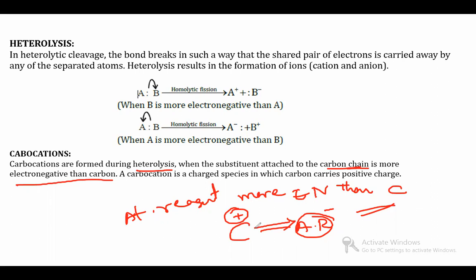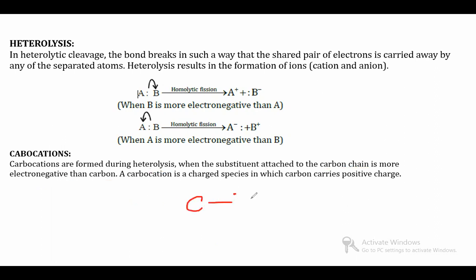Okay, what is a carbocation? A carbocation is a charged species in which carbon carries a positive charge. Why does carbon carry a positive charge? Because the attacking reagent, or the substance attached, can drag the electrons. For example, if the carbon has a halogen group attached, group 17 elements are more electronegative than carbon.